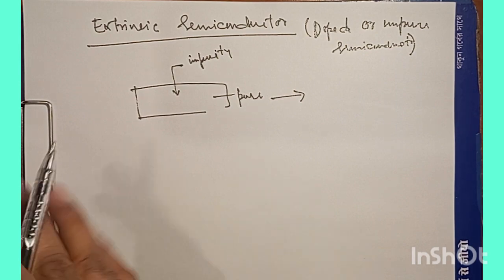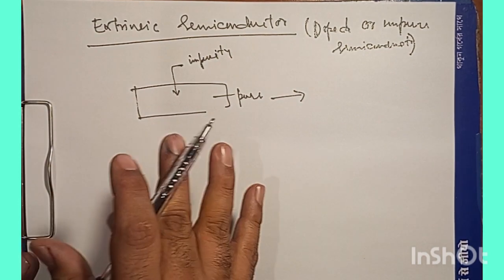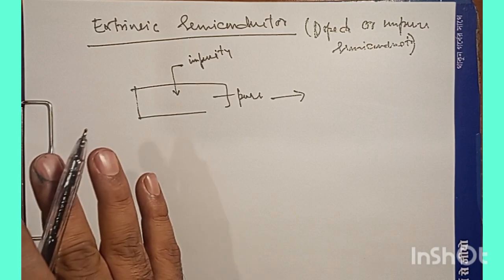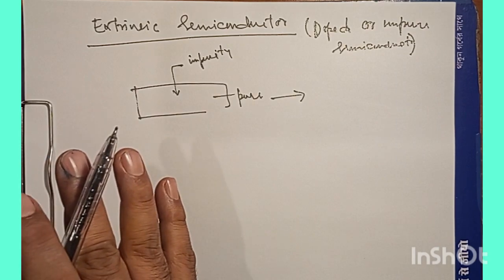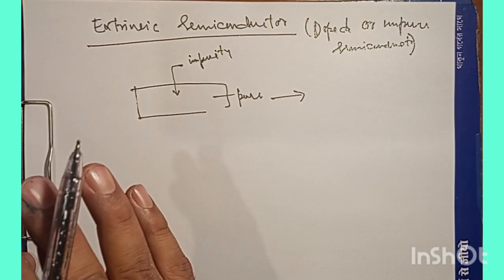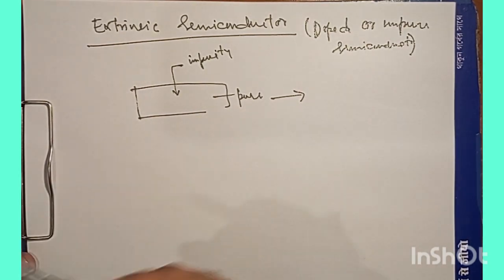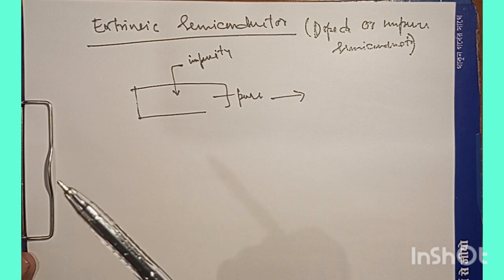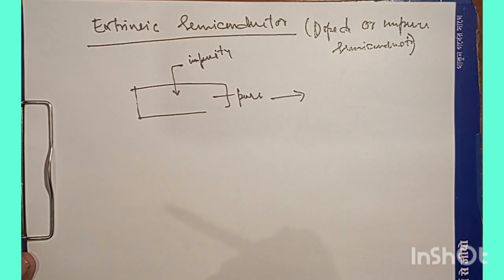So we can say here that the process of adding some suitable impurities in the intrinsic semiconductor is called doping. Now, intrinsic semiconductors, as we already know, have thermally generated current carriers, and at room temperature we have electrons available in the conduction band.